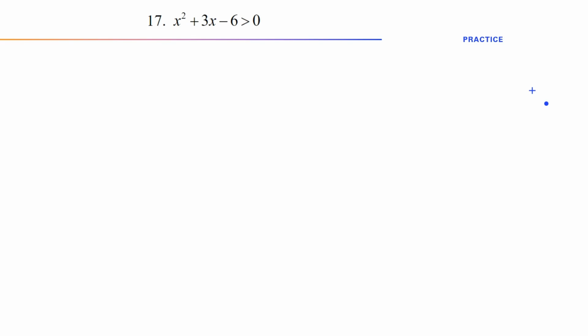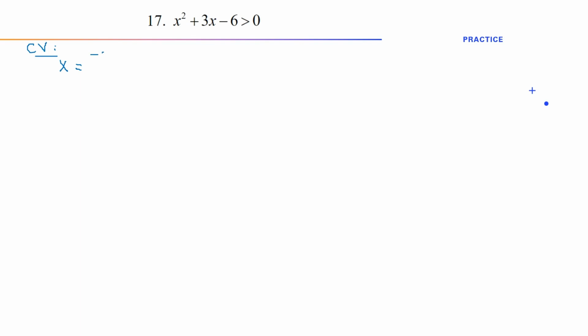Number 17 is similar to the previous questions. So yes, we can use the quadratic equation to solve for the critical value. All right.